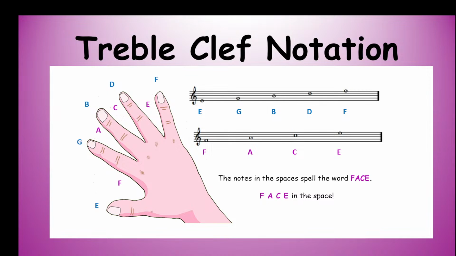And we're calling this treble clef notation because right at the very beginning, there's a funny little symbol that's all swirly and curly, and we call that the treble clef. Now, the reason it's important that we think about this as treble clef notation is because you can have different types of notation depending on whether you're playing low down or whether you're playing high up.